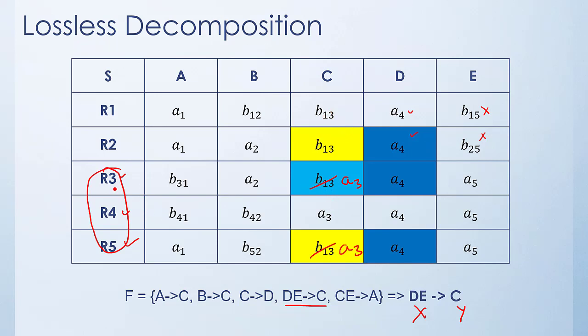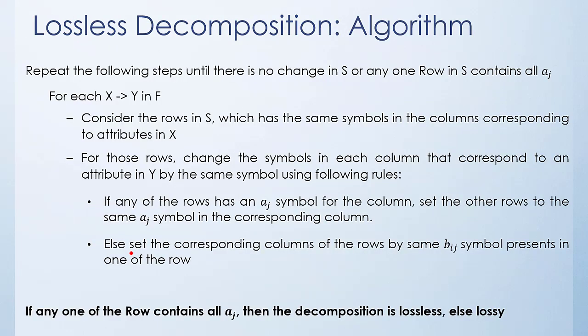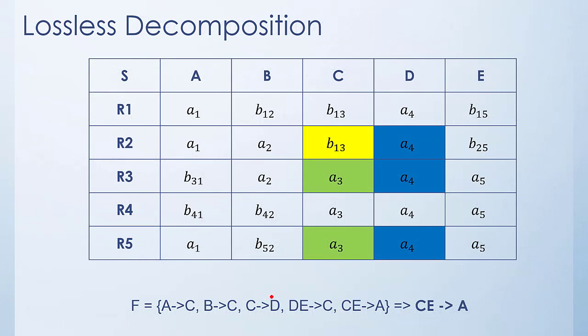So after working with this functional dependency, the S matrix will look like this, and the changes are highlighted by the green color cells.